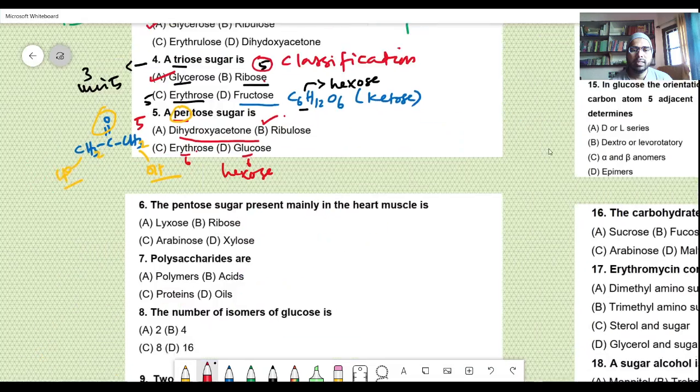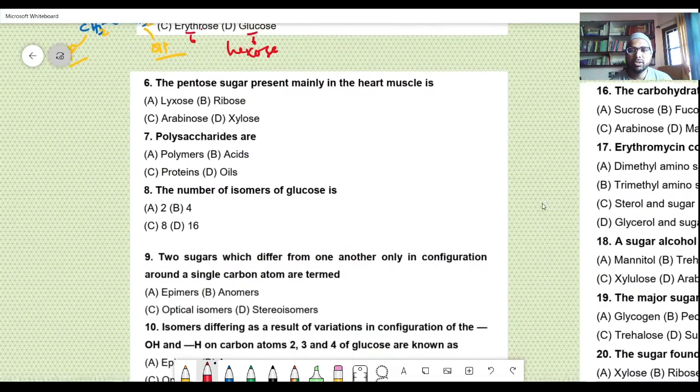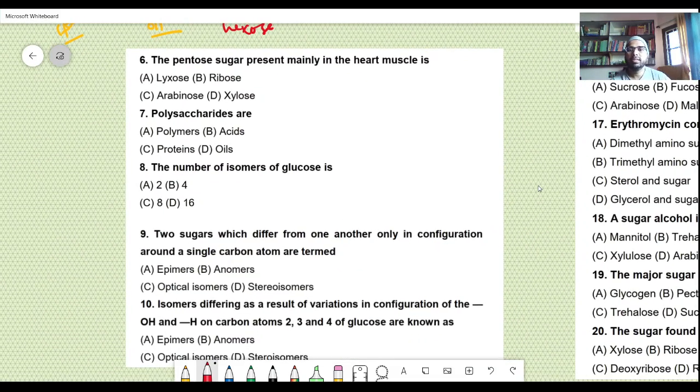Now going over to question number 6. The pentose sugar present mainly in the heart muscle is A. Lyxose, B. Ribose, C. Arabinose, D. Xylose. It's a kind of general knowledge question, but I'm including it because you must know it. It is the heart muscle which helps in flexibility and many histological functions.